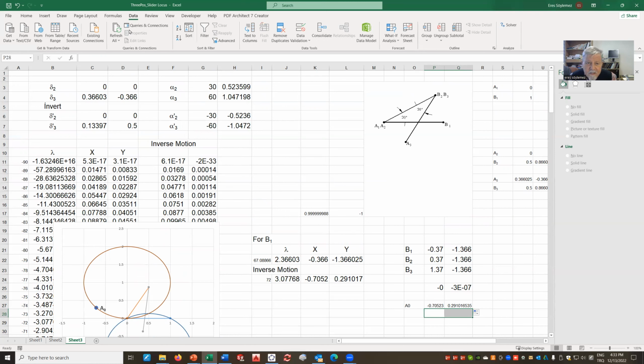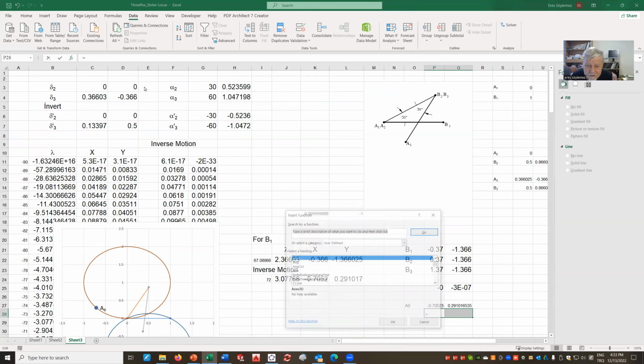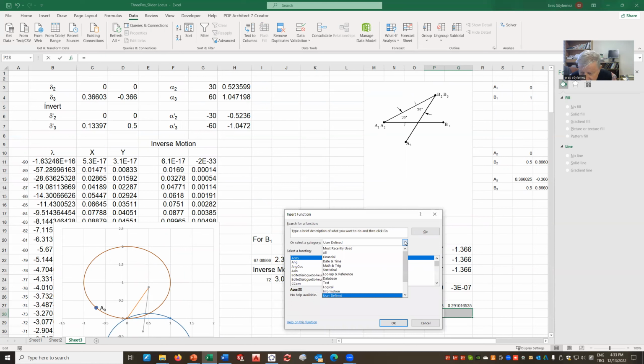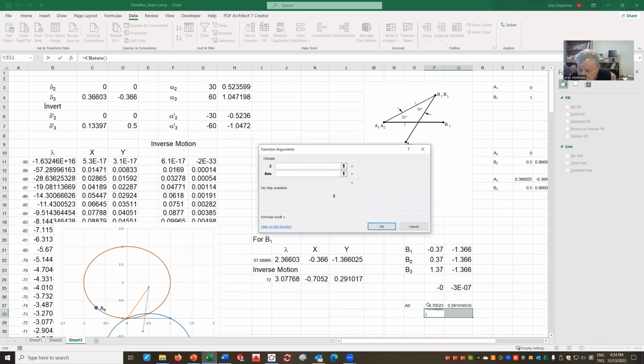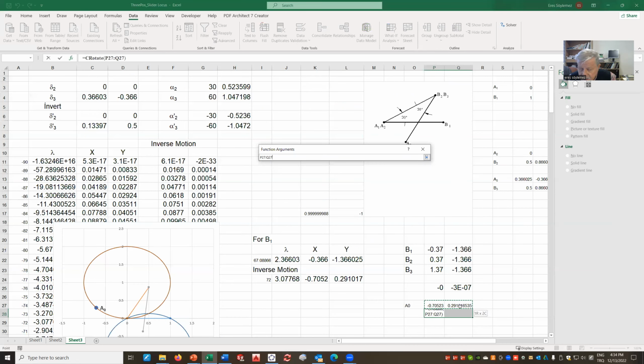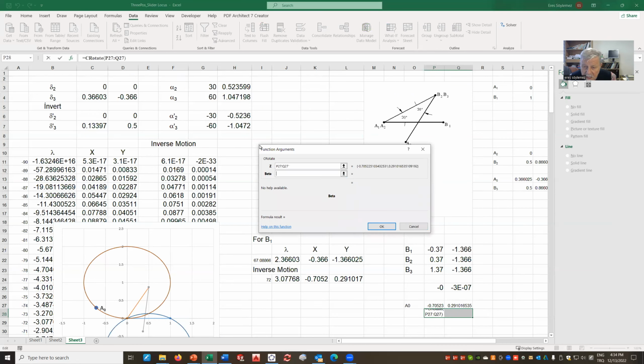go over here, function. Oh, user defined, yes. C rotate. This vector rotated by this angle.